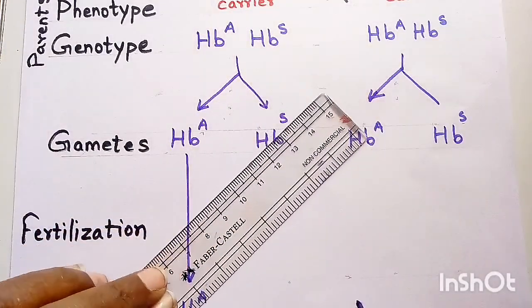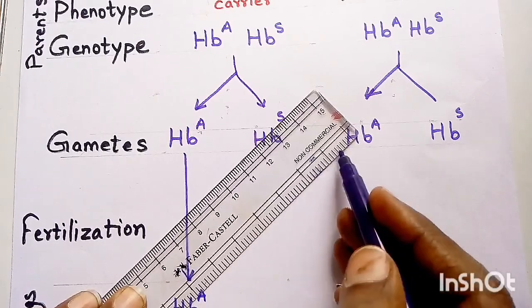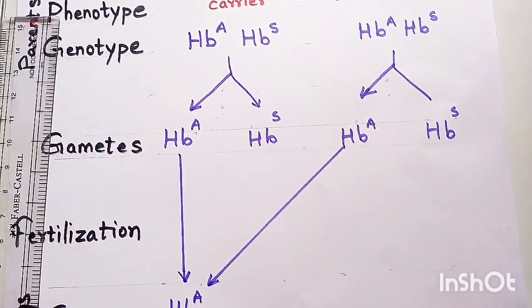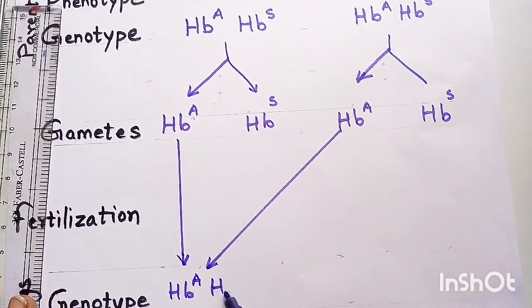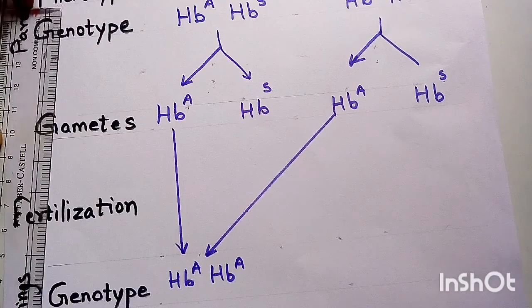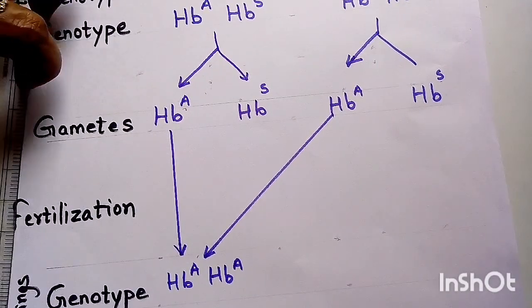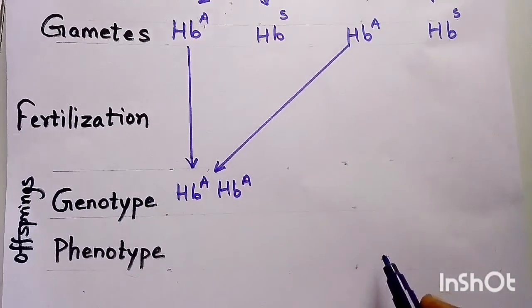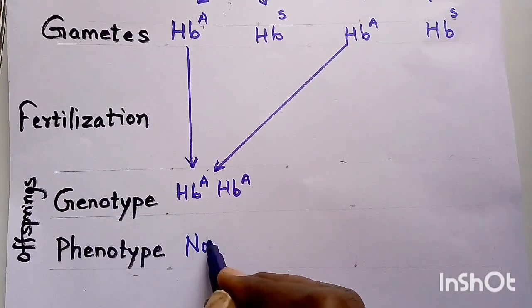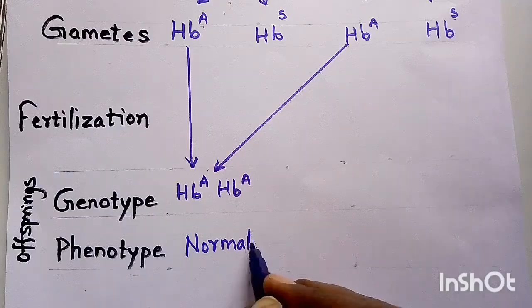Now we cross it with the other one, it will also be HbA. When both are HbA, HbA, the phenotype of this offspring will be normal.